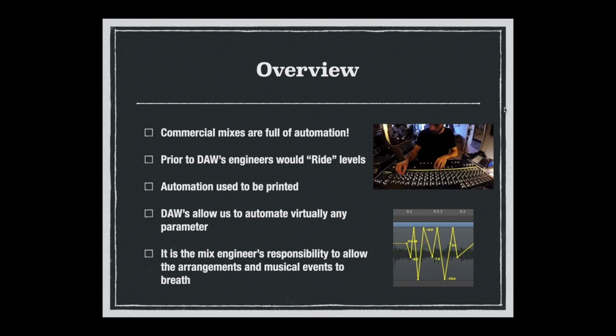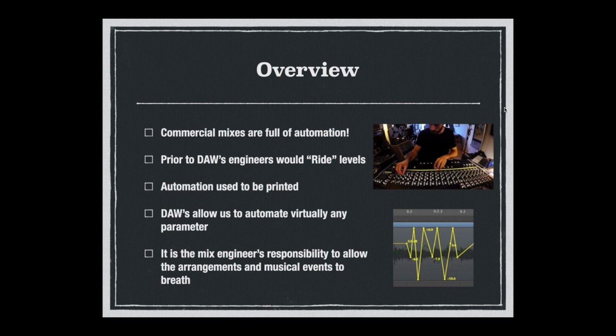Now, it is the mix engineer's responsibility to allow these arrangements and musical events to breathe. Specific musical events, maybe a drop, an impact, need to be on top of the mix, or different dynamic changes in different sections of a song, depending on the arrangement, need to stand out. They need to have a certain life to them, and this is where automation really comes in handy.